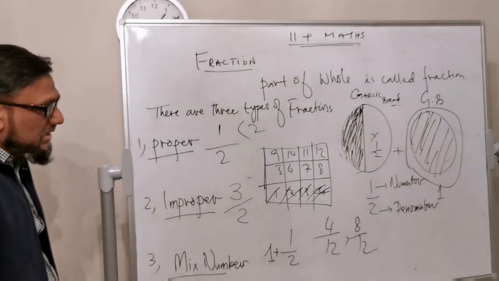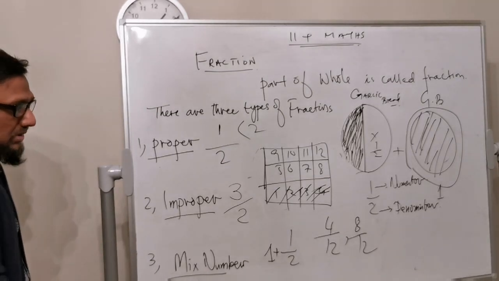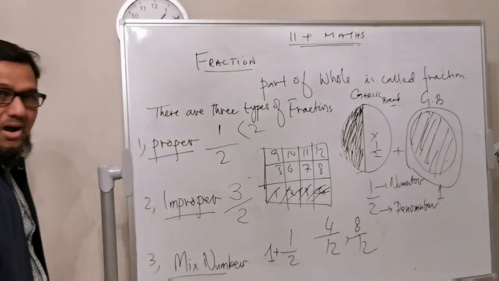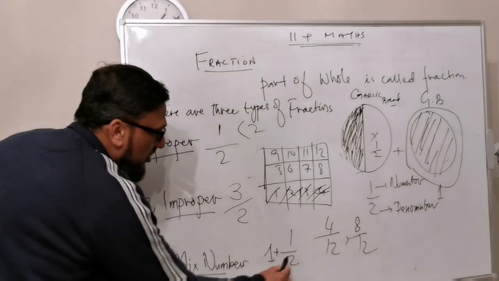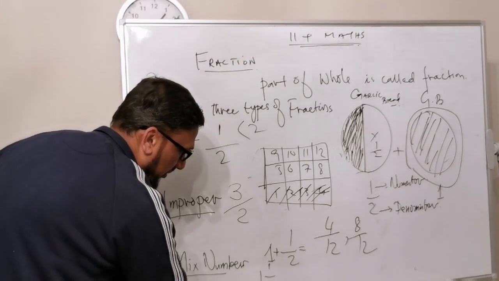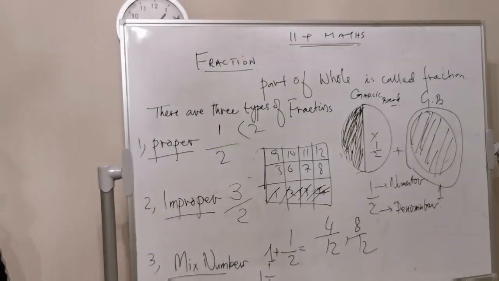So I can write it down as 1 plus a half. So you can write one whole number and 1 over 2, which is called a mixed number.